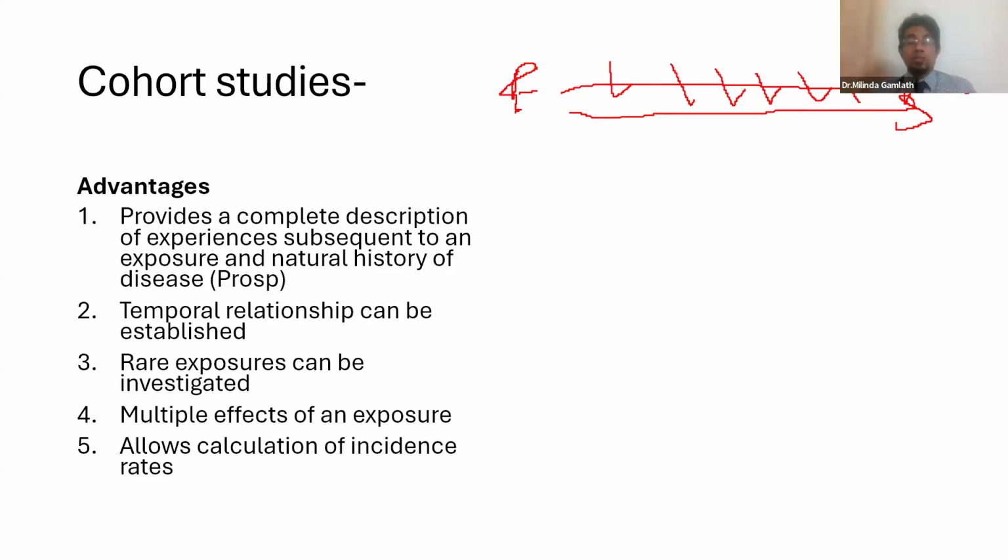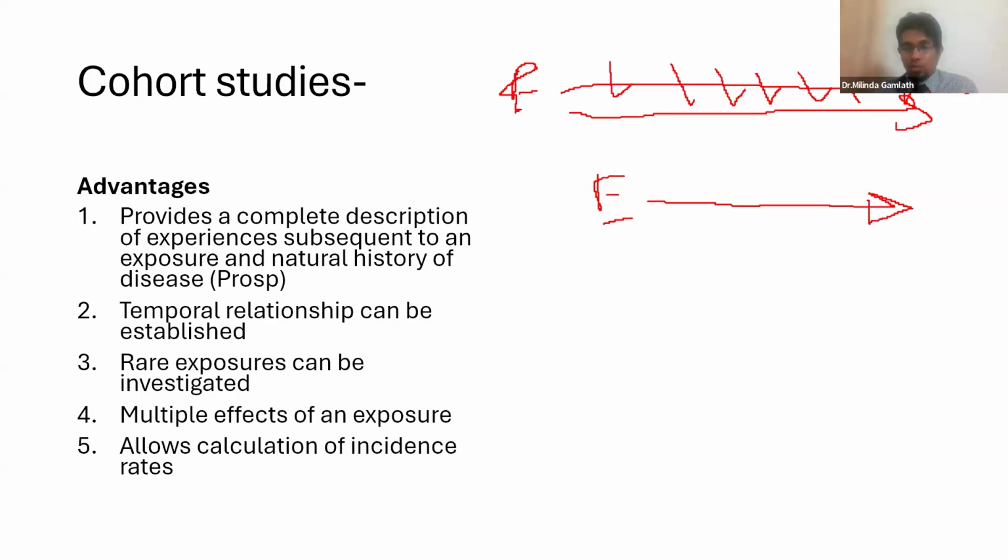Next, you can establish something called temporal association. So what is temporal association? If you are trying to find out whether something is an exposure for a disease, it is important that the exposure happens before the disease, right? The exposure can't happen after the disease.